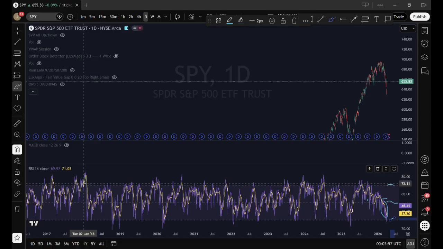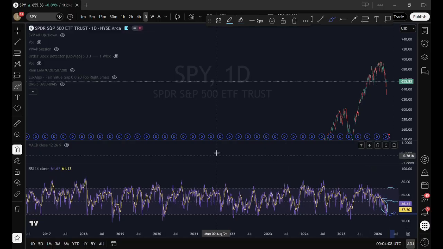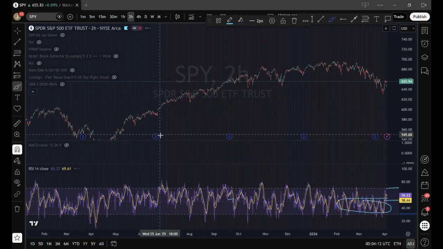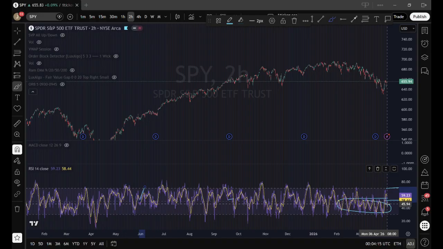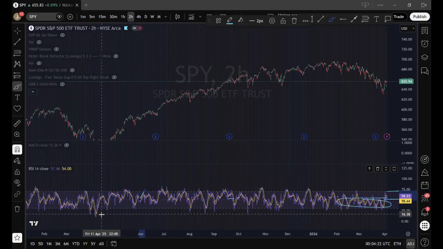If it went up to 70 and you bought put options, you would have got burnt. And the same if you bought whenever it got oversold right here, down to an 8. If you bought call options at 25, you would have still lost some money.